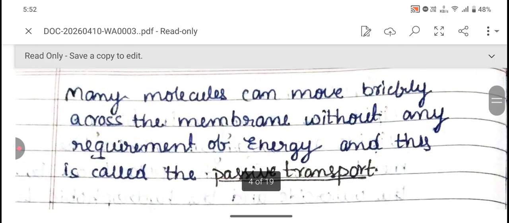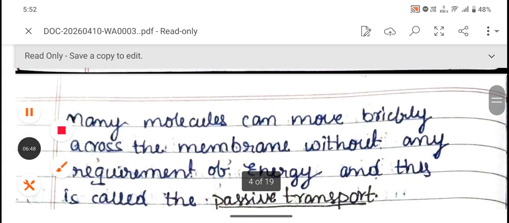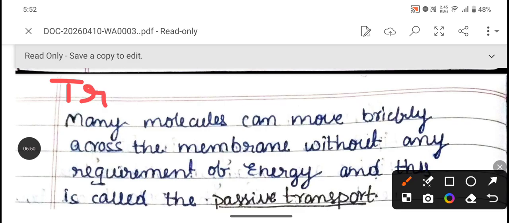Many molecules can move across the membrane without any requirement of energy, and this mode of transport is known as passive transport. So the cell membrane contributes to the function of transportation.